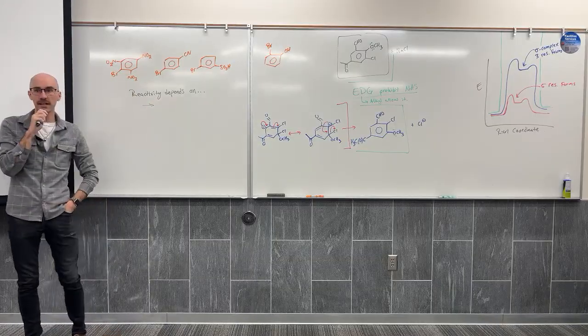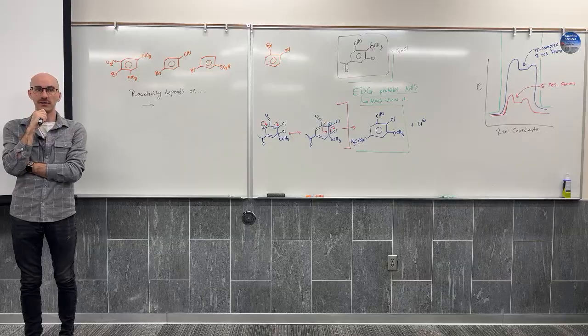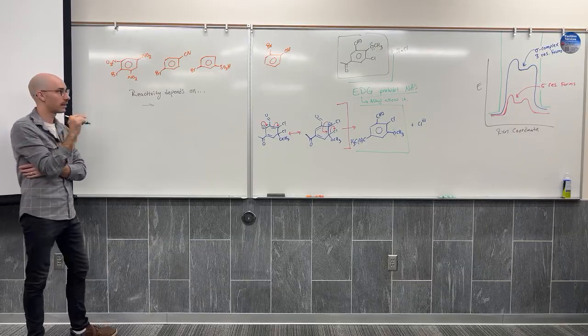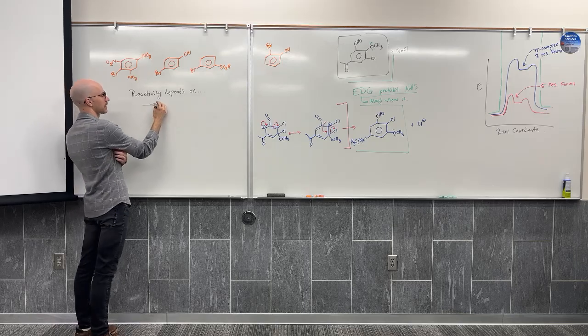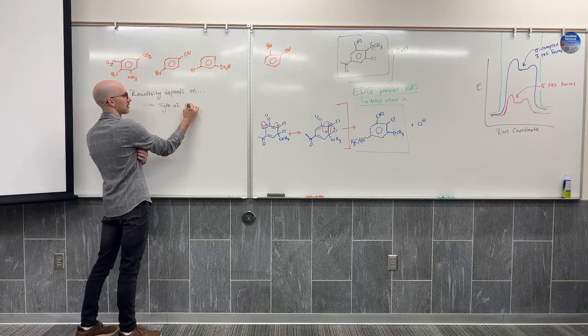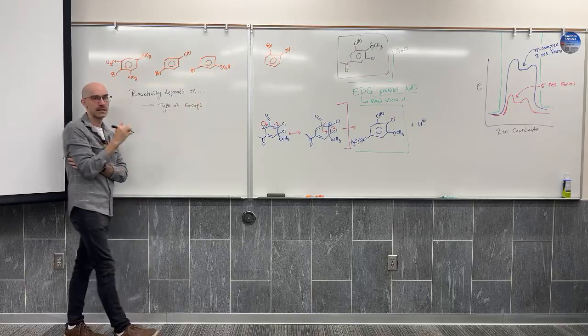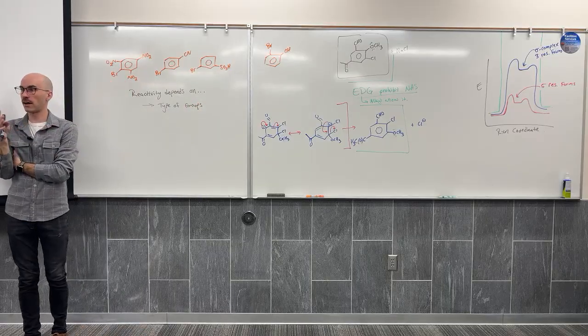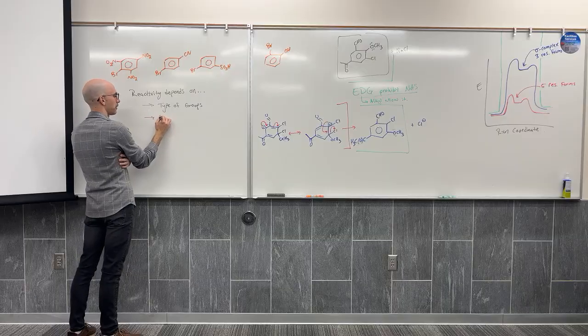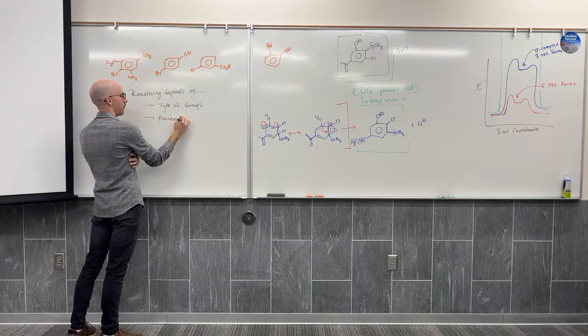So the reactivity depends on, you guys hit on each of these in your ranking, the type of group present. Does it have electron withdrawing? Does it have electron donating? The placement of the groups.